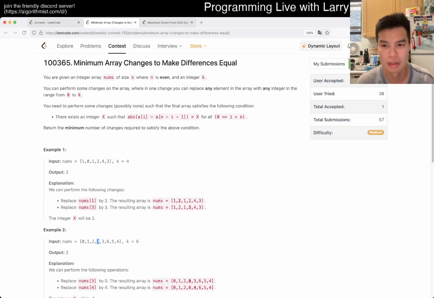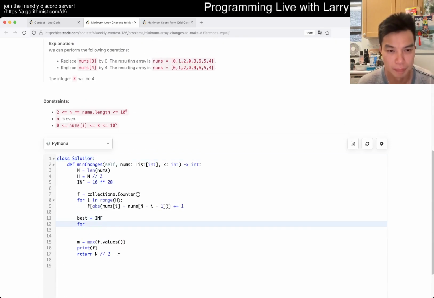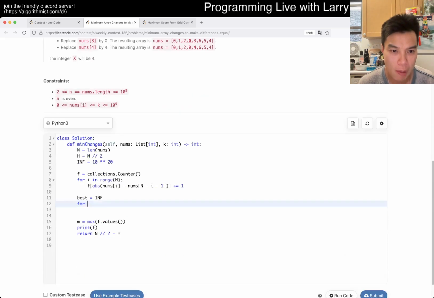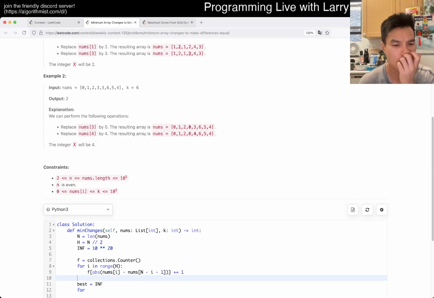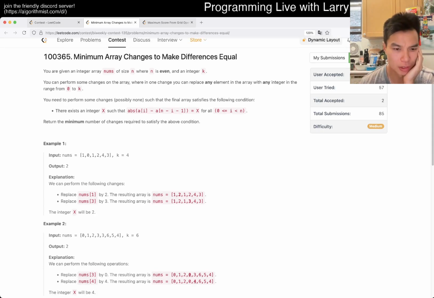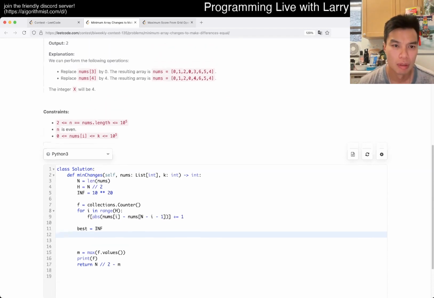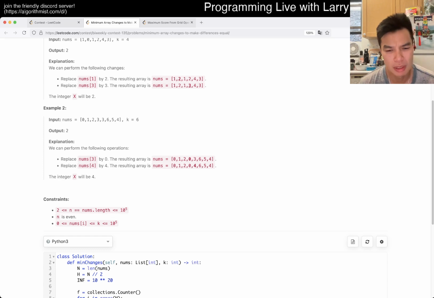This is a harder one than I thought, but the changes too. What's this?